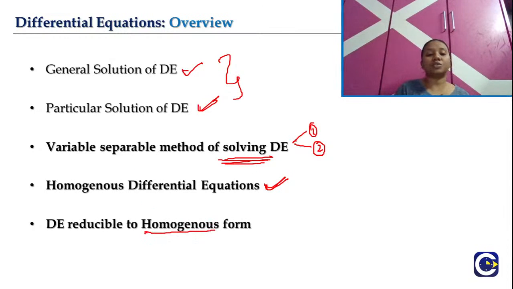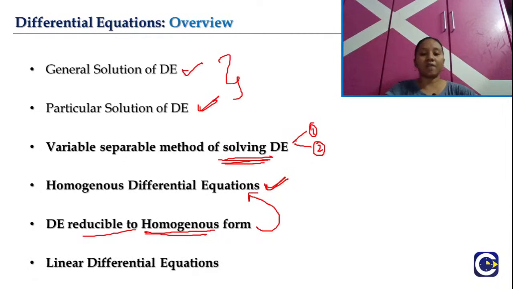If we are able to reduce the given equation into the homogeneous form, then we can apply the same method which we use for the homogeneous differential equation, the method applicable to solving homogeneous differential equations.